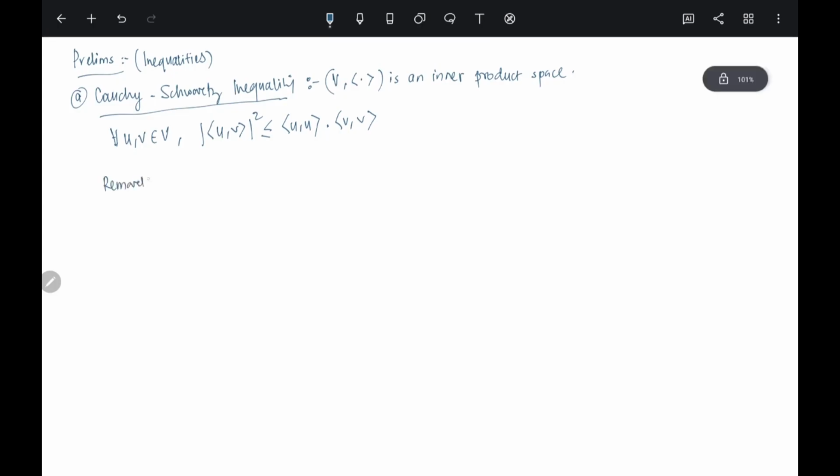Remark: every inner product gives rise to a Euclidean L2 norm, right?